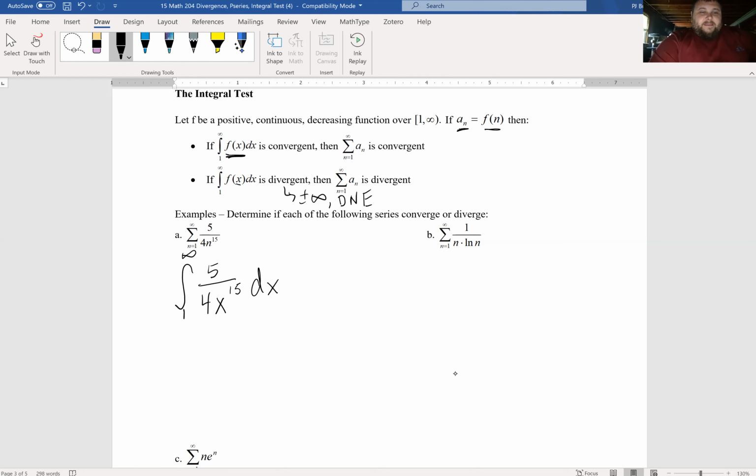As a technicality, I'm going to do this the first time and then not be too picky about it: we should make this the limit as c approaches infinity, because that's technically an improper integral. So all I did was change the sum into an integral. Because it has an infinite bound, it's improper, and therefore I need the limit out in front. And I went from n to x.